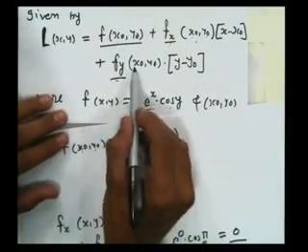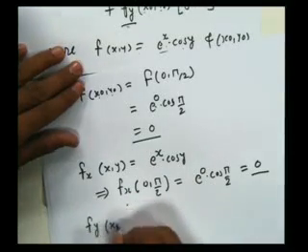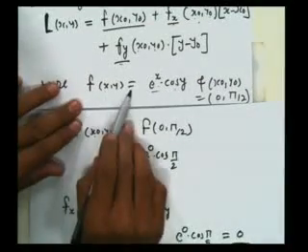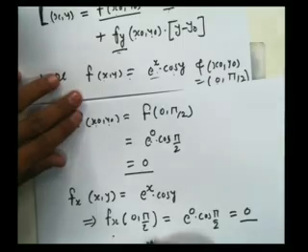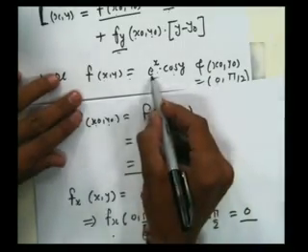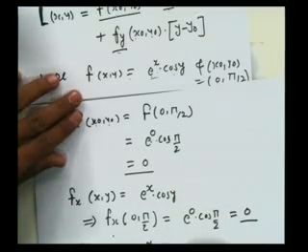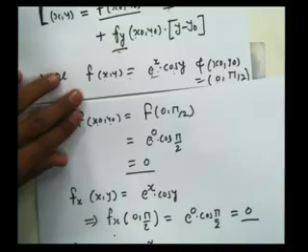Now we find fy at x0 comma y0. Before that we find fy at x y. That means partial differentiation of f of x y with respect to y. Here e raised to x is constant, so it is as it is, and differentiation of cos y is minus sin y with respect to y. So finally it is e raised to x into minus sin y.